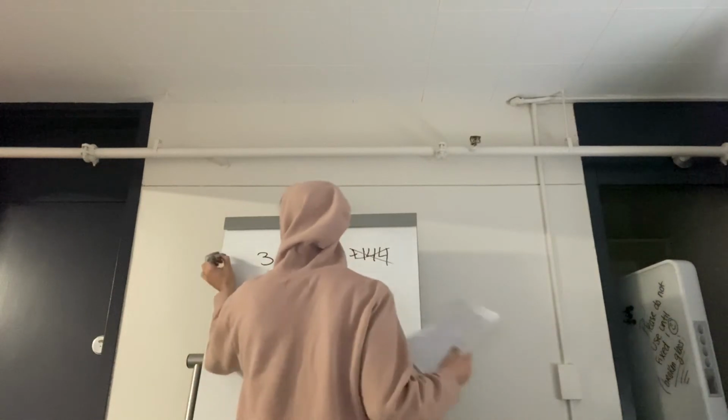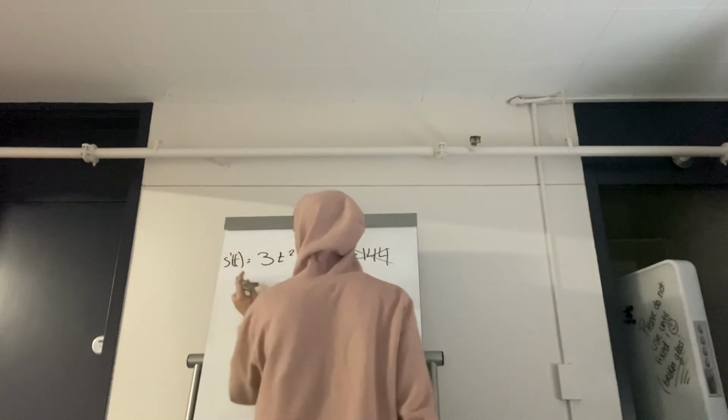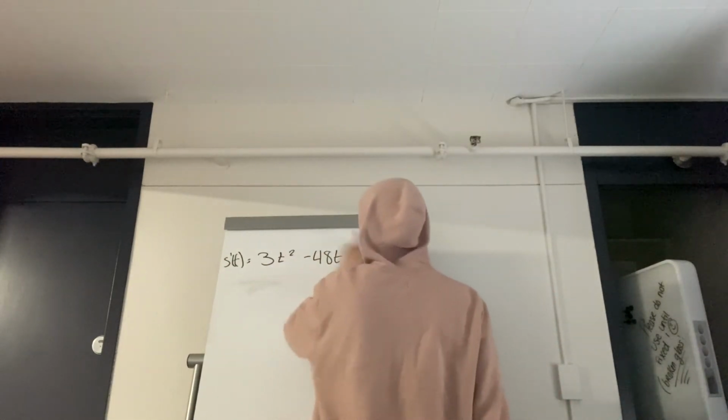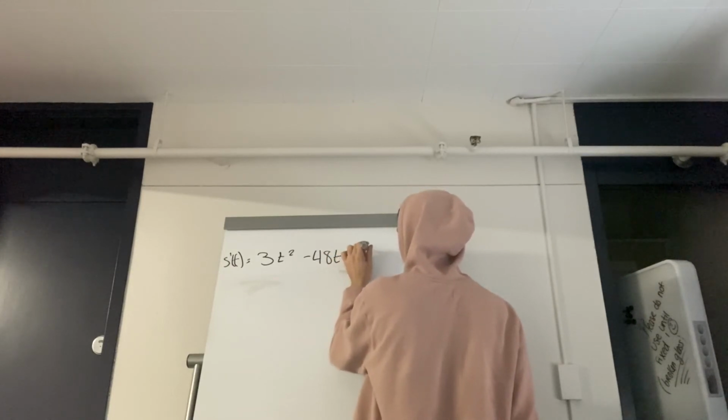For problem 2, part G, it's asking what is the function that defines acceleration? We had found the function that defines velocity, so we are going to take the derivative of that function, and that will give us the function for acceleration. So we are given s prime of t equals 3t squared minus 48t plus 144.